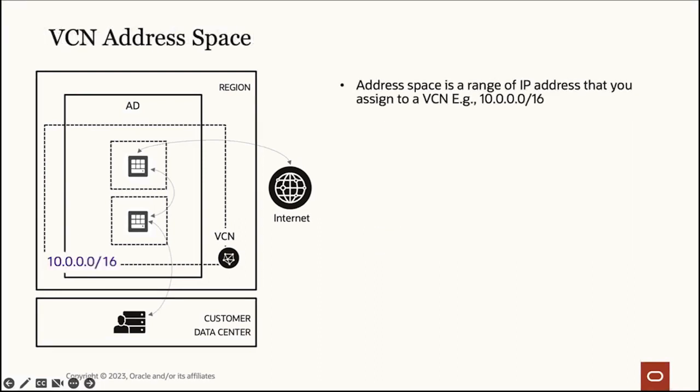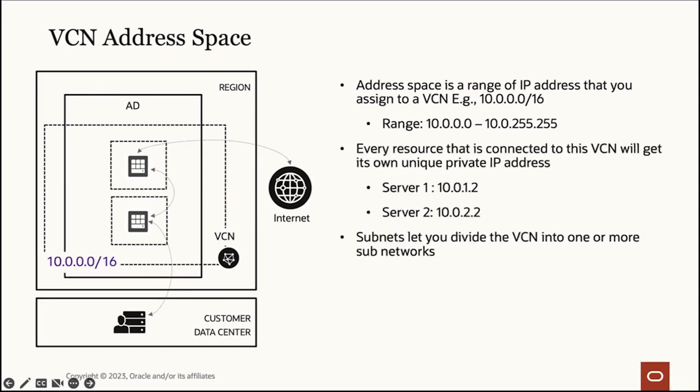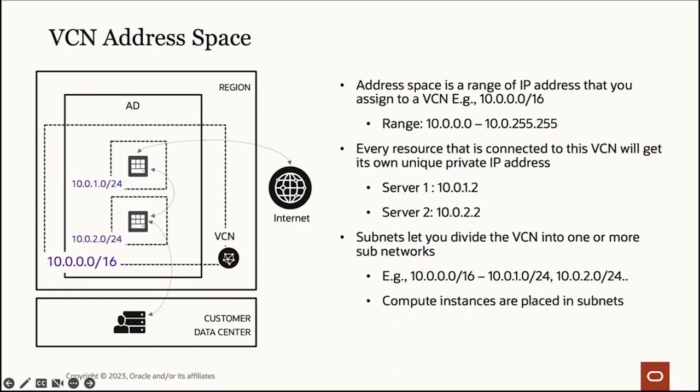All right, so next up, we will talk about VCN address space and what that entails, as well as our different types of subnets. So within a VCN, it can cover one or more IPv4 CIDR blocks of your choice, and the sizes that are allowed for your VCN range from /16 to /30.